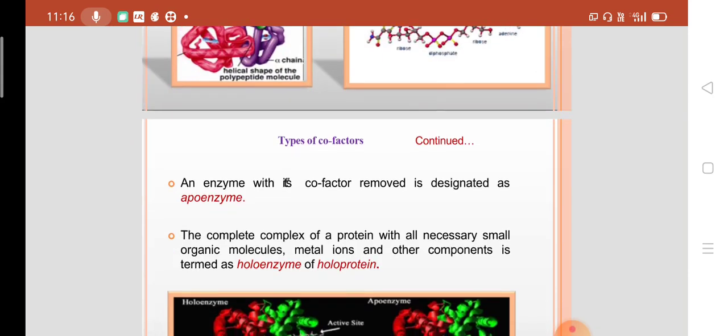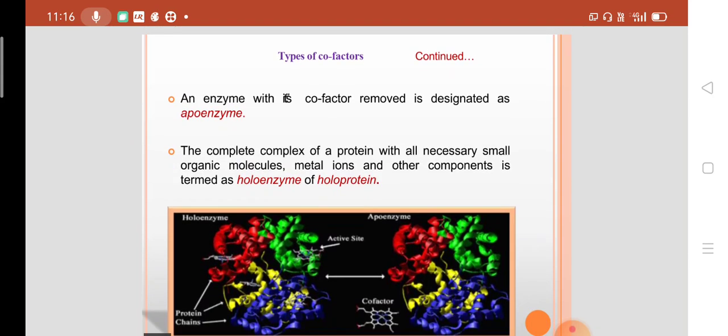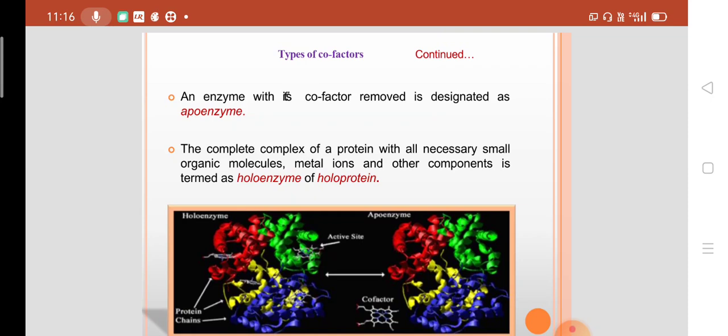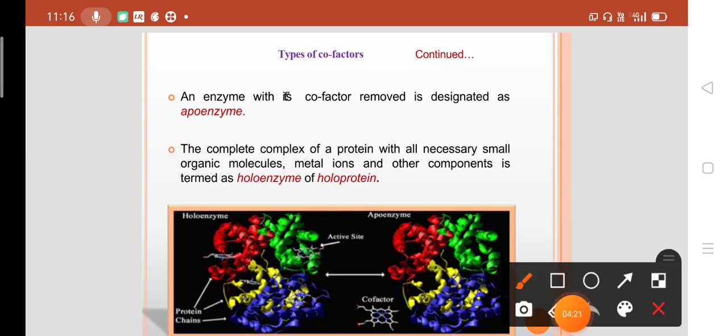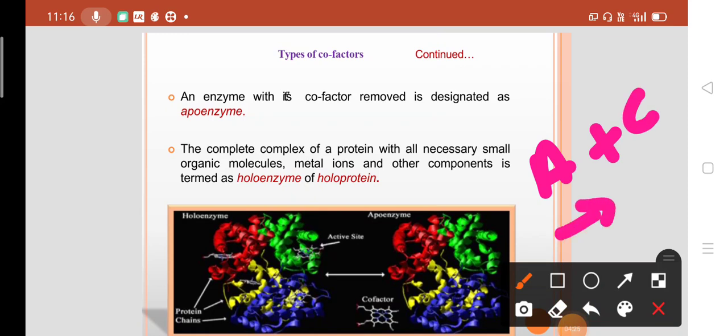Now, there are certain terms related to cofactors. An enzyme with its cofactor removed is known as an apoenzyme, or we can say that apoenzyme plus cofactor is equal to enzyme. If we remove the cofactor from this enzyme, what remains is the apoenzyme. So an enzyme with its cofactor removed is known as an apoenzyme.